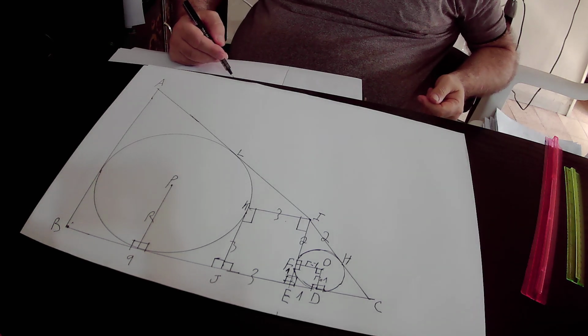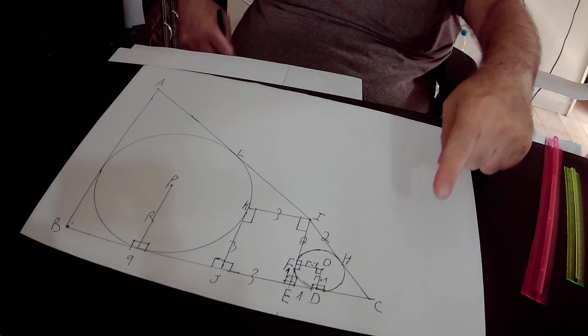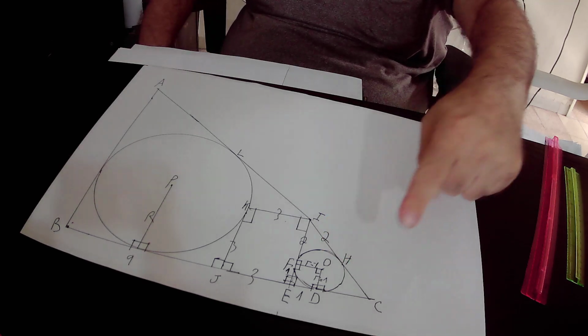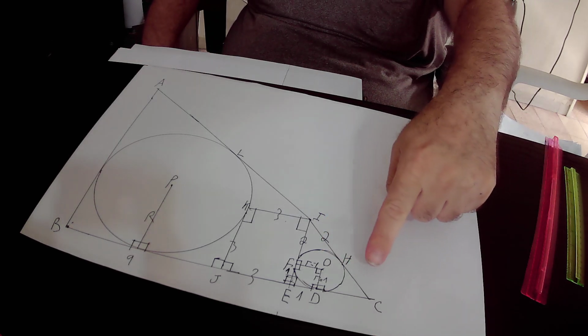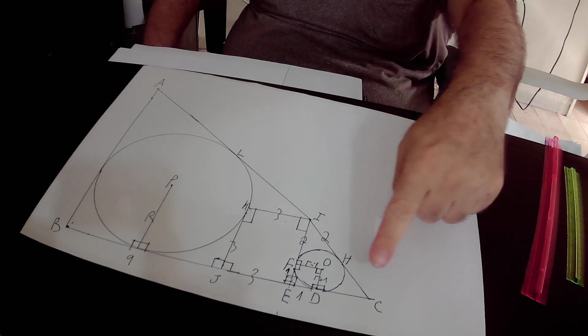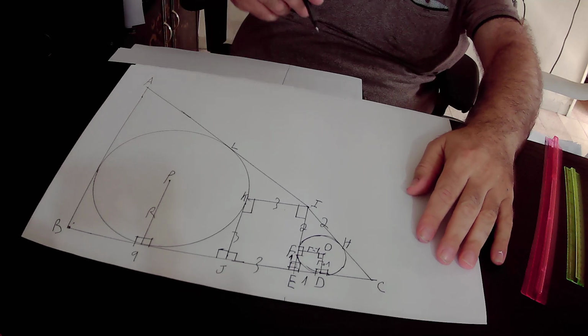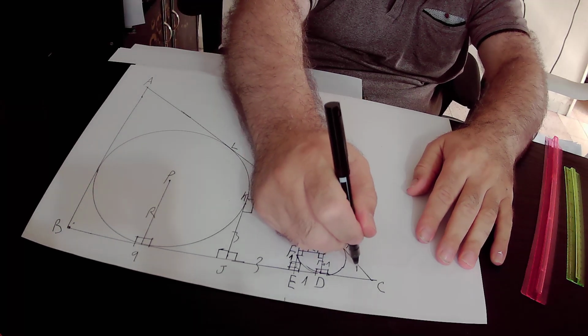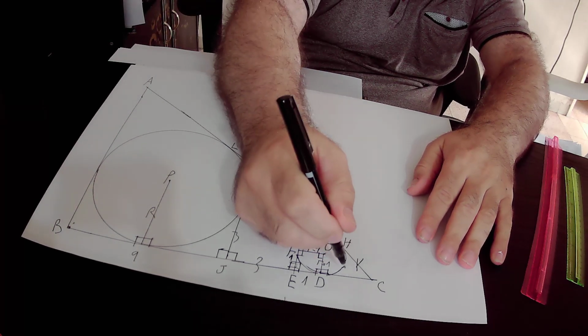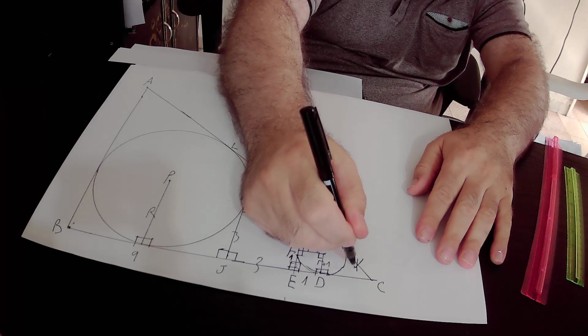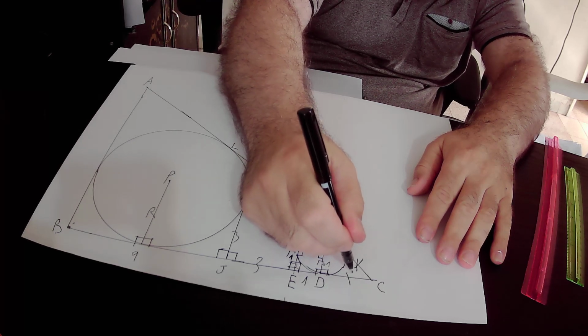According to rule number 2, they are equal to each other. That is to say, CD equals CH. So if we define CH as X, then CD must also equal X. So here we can write down that CH equals X and CD also equals X according to rule number 2.